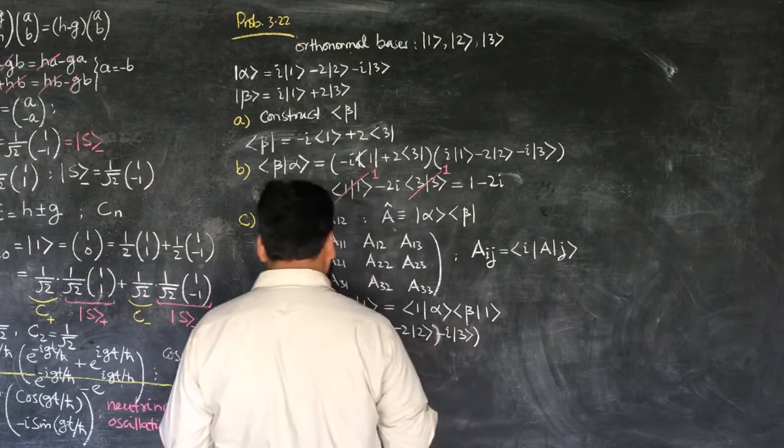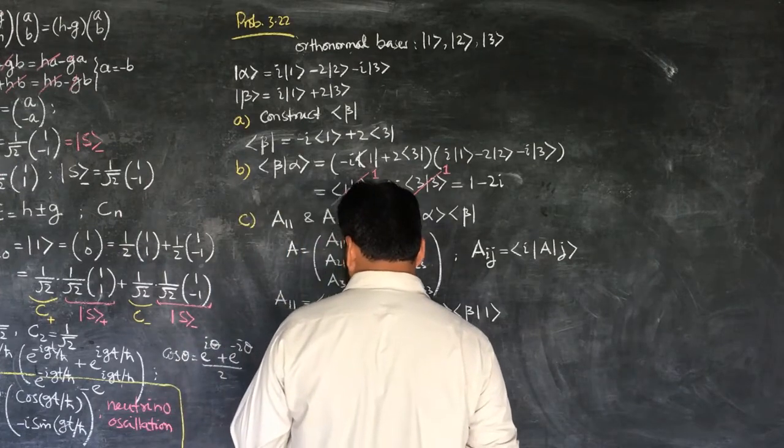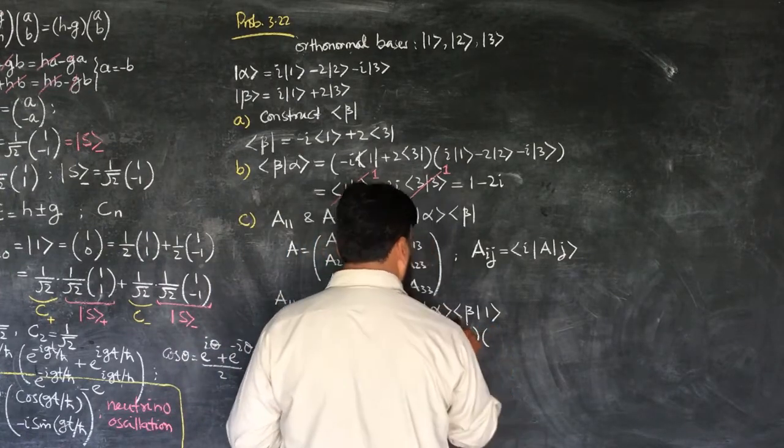So this is <1| times alpha, and then put the value of beta.